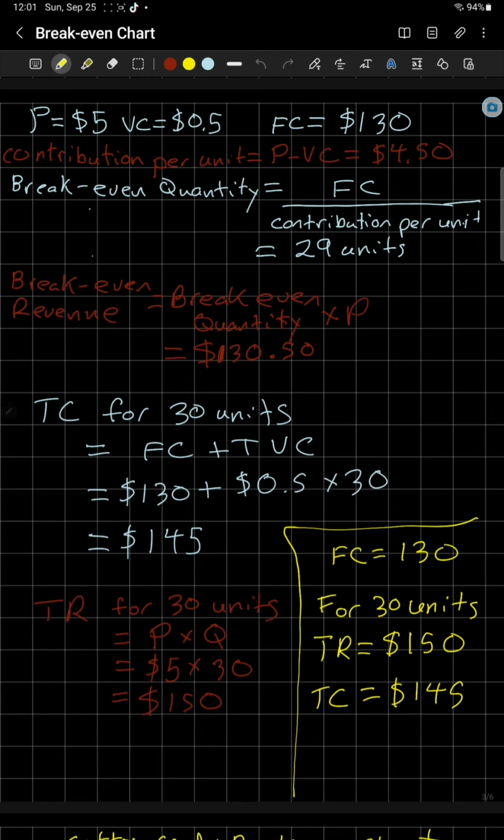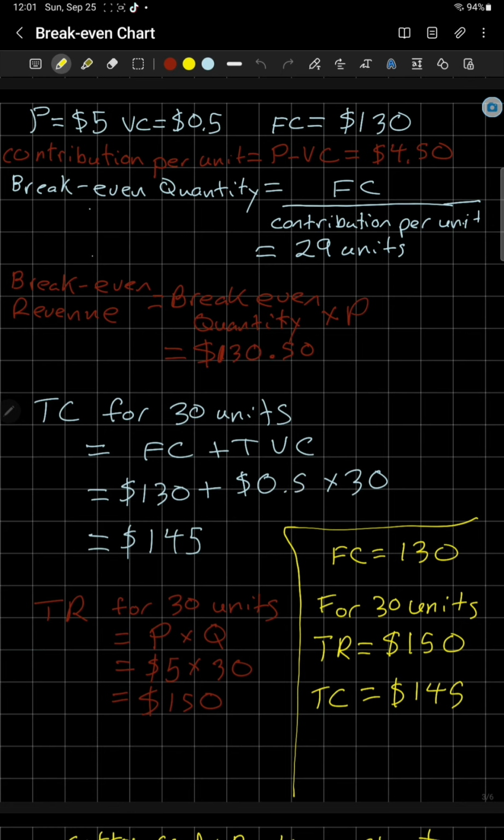Now, just to make things easier for doing the graph, and I suggest you do the same thing, I found some data points for around the break-even quantity. So I got the total cost for 30 units. I picked 30 because it's close to break-even and it's a multiple of 10, it makes it easier to graph. So total cost is fixed cost plus total variable cost. It's 130, we know that, plus for 30 units, it'd be 30 units times 50 cents, which is $15.